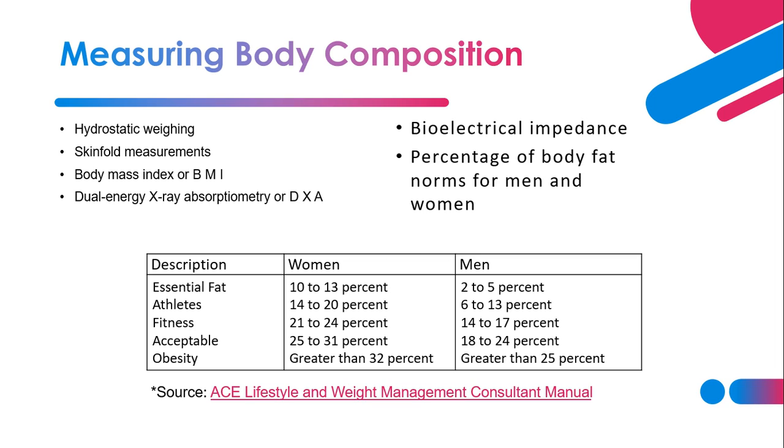It requires expensive equipment and is time consuming, and it's just not practical for use with large groups of people. Air displacement plethysmography, also known as the BOD-POD, offers another means of assessment of body composition. Similar to hydrostatic weighing, the BOD-POD uses air instead of water.